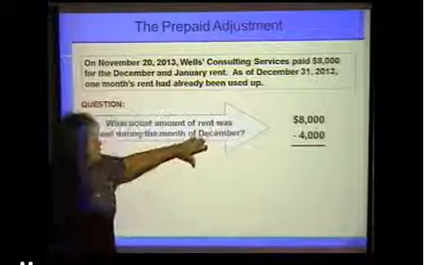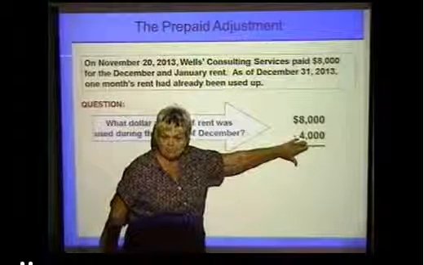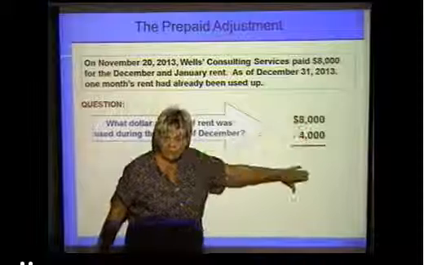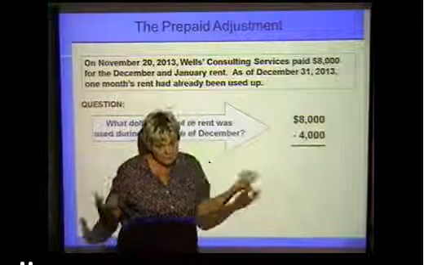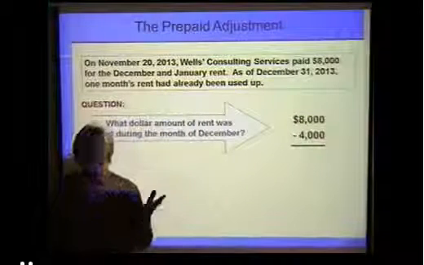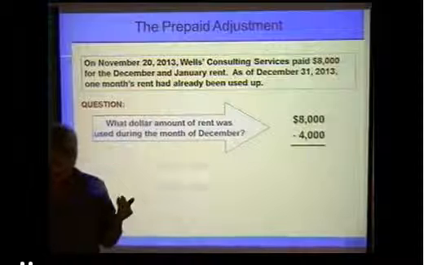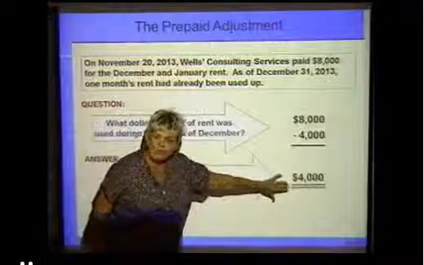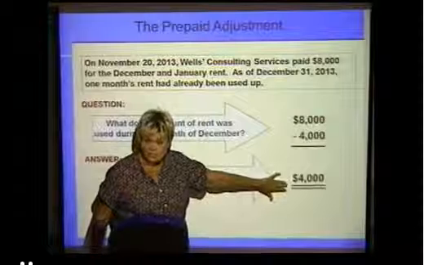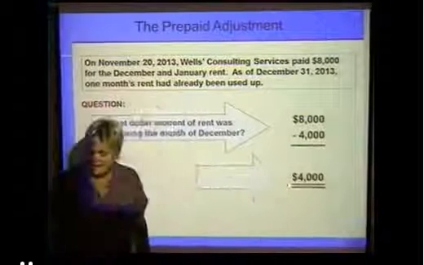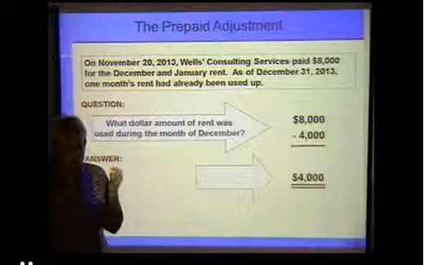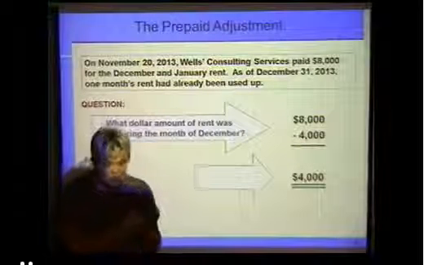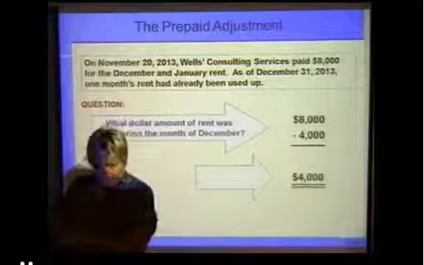So if we used up December, $4,000, it's got to come out of our prepaid. We're showing the incorrect amount as an asset. We don't want to do that. So how much did we use? $4,000, so that's our adjustment. And anytime you have an adjustment, you're going to have an expense, which is going to be your debit, and you're going to reduce an asset.